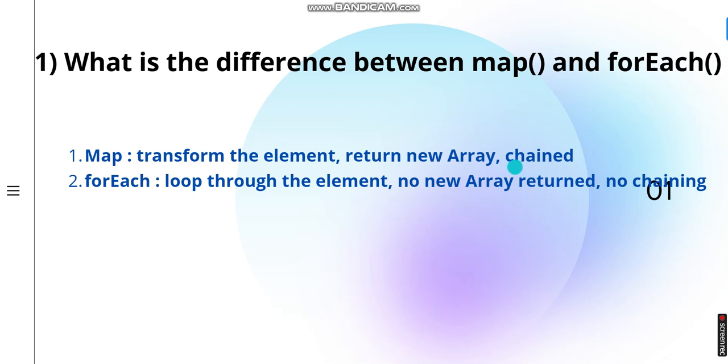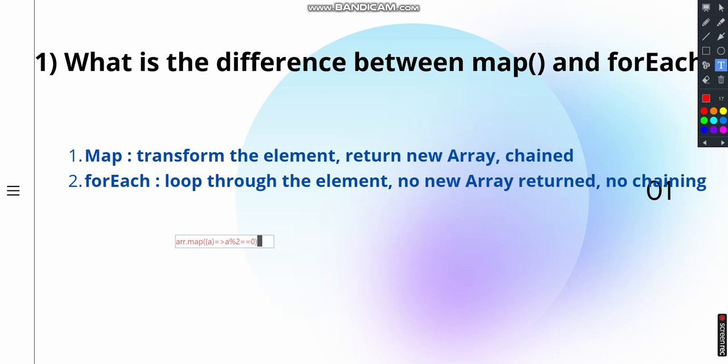The third point you can mention is that chaining is possible in map. What do we mean by chaining? Suppose we write array dot map on some array, with some condition like divisible by 2 or something like that.